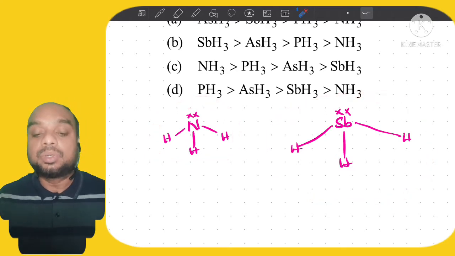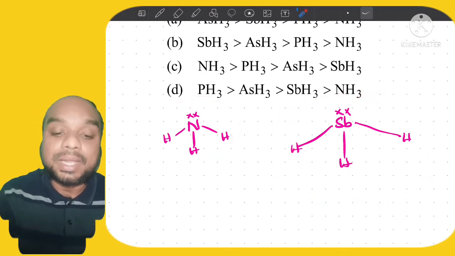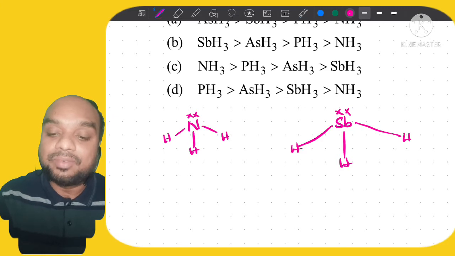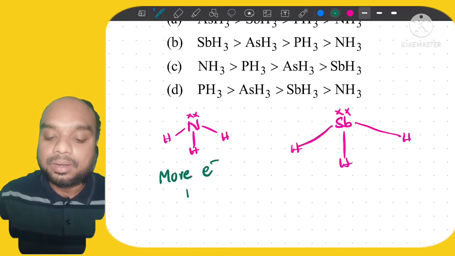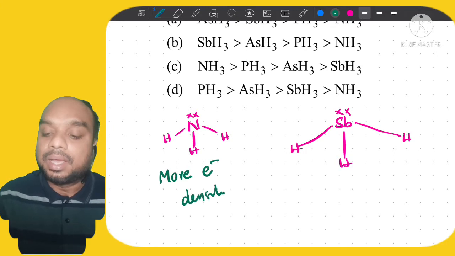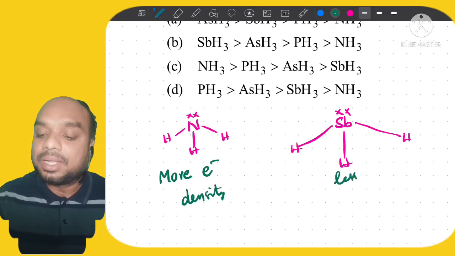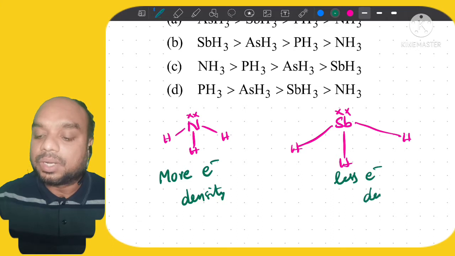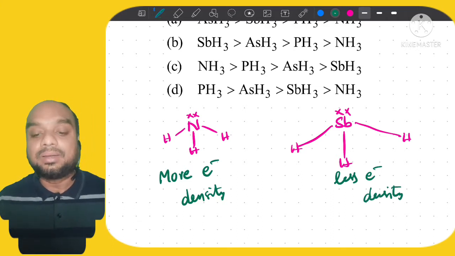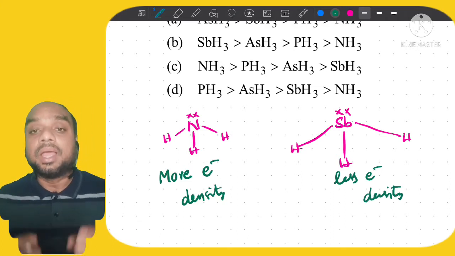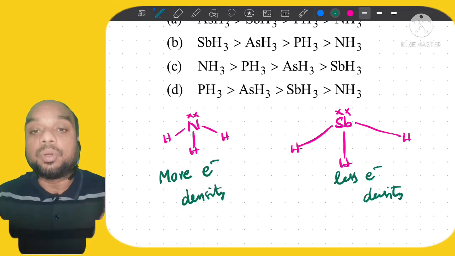So due to small size, ammonia has more electron density and stibine has less electron density. That's why ammonia is a strong base.